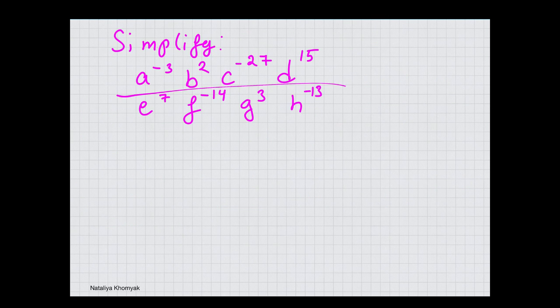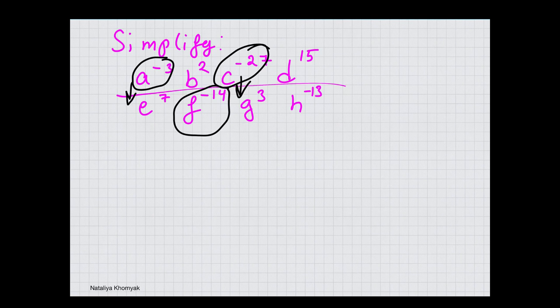So here we have a fraction where you have different variables raised to positive and negative exponents. Here's what we're going to do. Everything that has a negative exponent will be moved. A to the negative 3 and c to the negative 27 will be moved into the denominator.